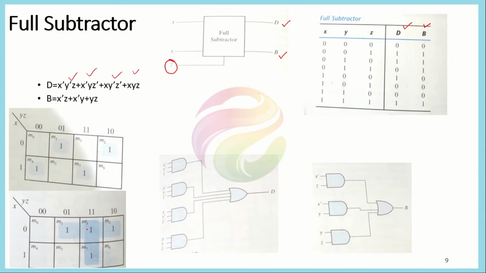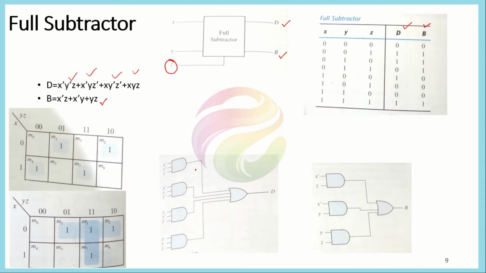For the borrow term, we could have a combination of three different adjacent pairs of ones, because we have ones at M1, M3, M2, and M7. We could combine M3 and M7, then M1 and M3, and M3 and M2. This would give us three terms of 2 literals each. So the borrow would be represented here as this one.